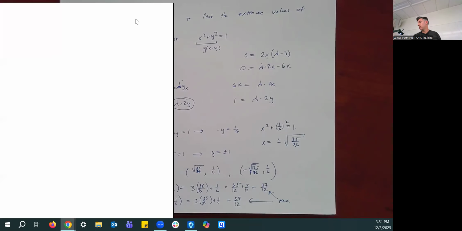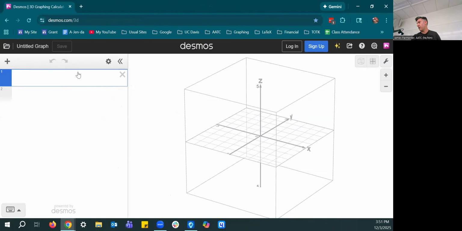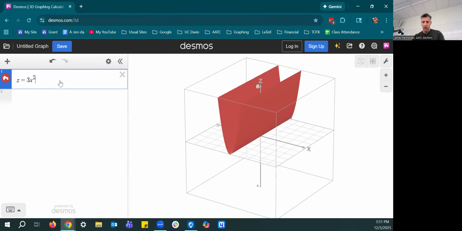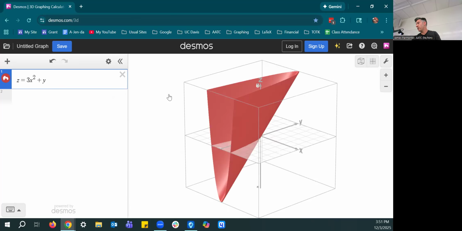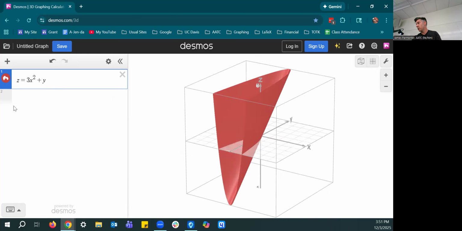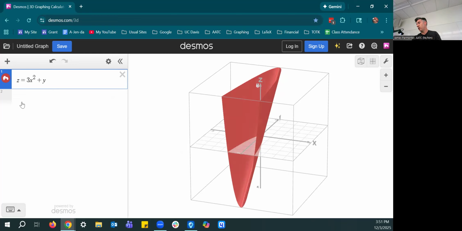So here we go. Let's first graph the thing we were trying to maximize or minimize, which was z equal to 3x squared plus y. Looks kind of funky. And then our constraint was the cylinder x squared plus y squared equal to 1.